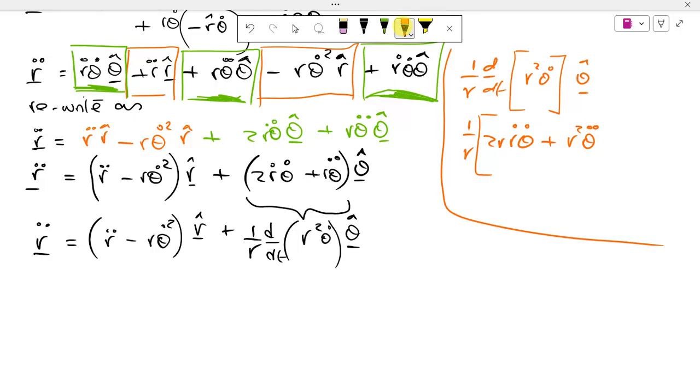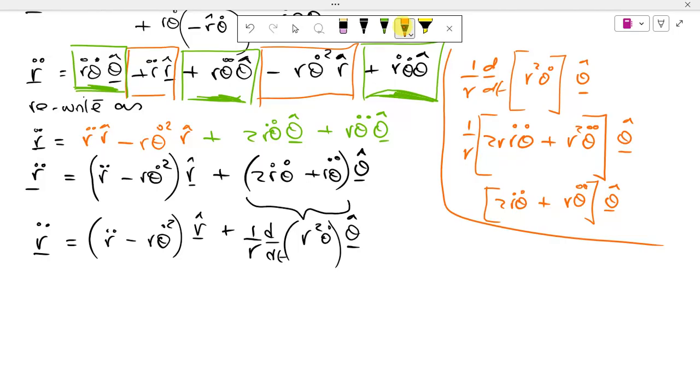So we've differentiated the theta dot, leaving the r squared alone, and that's multiplied by theta hat. This simplifies to give, in brackets, 2r dot theta dot, I hope, I do make mistakes, plus r theta double dot, theta hat. And sorry about the errors and the mistakes. Hopefully this will make sense to you.